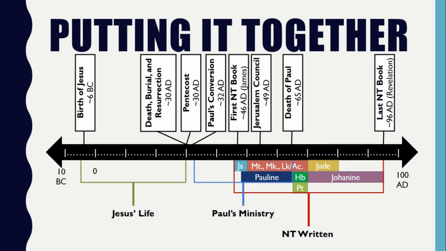So I just kind of want you to understand this concept, that about half of what we call the New Testament time period, the birth of Christ to the writing of the last book, doesn't have much new revelation. In fact, for the early years of the church, so from Pentecost up until the book of James is written, the scripture of the church is the Old Testament.